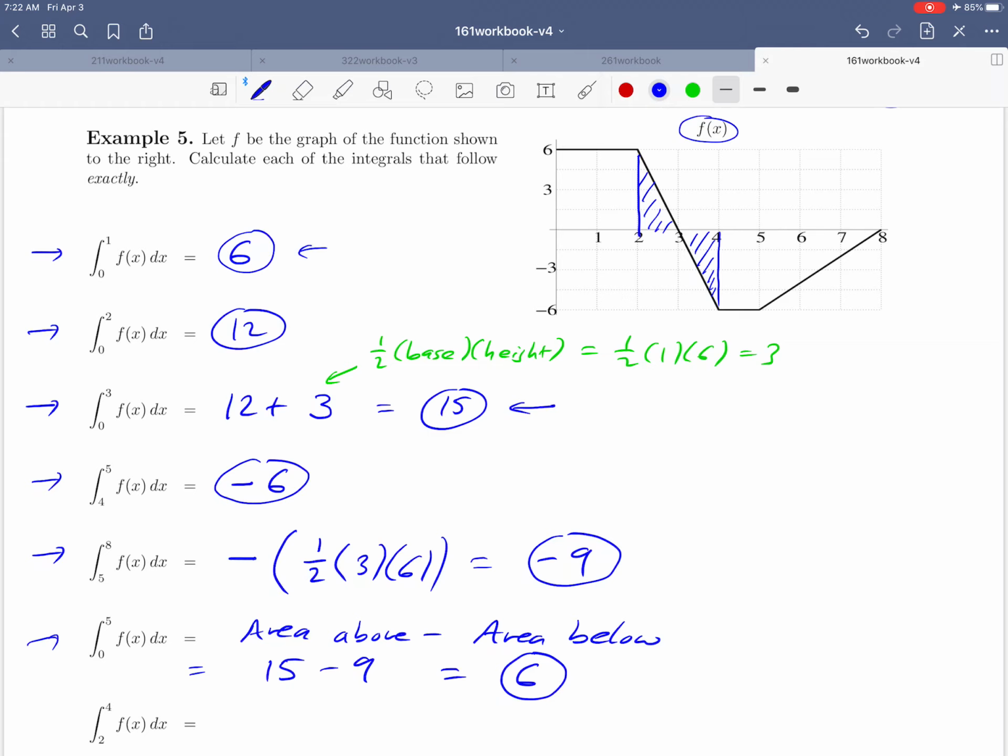So what should we get for an answer here? We should get 0. That's just a reflection of the fact that the area above and below are equal. Okay, and I think we are done with this problem.